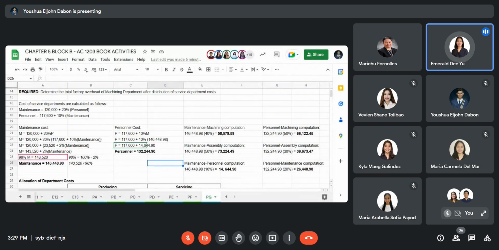So the total for the personnel cost is 132,244.90.